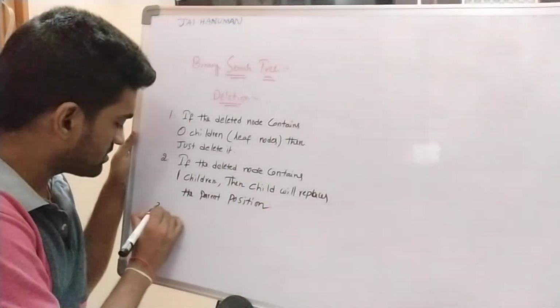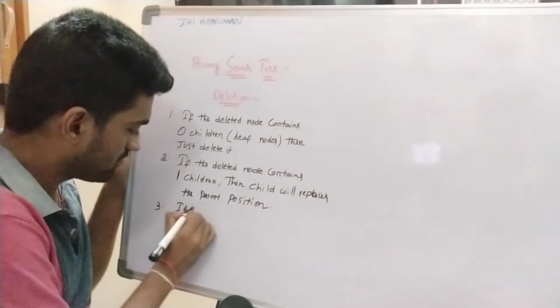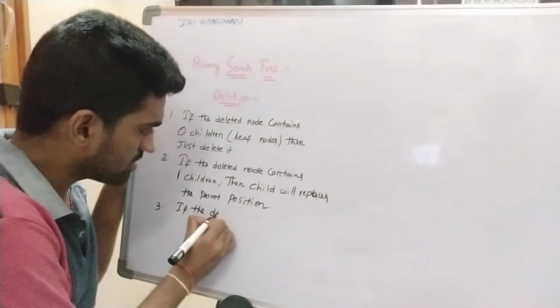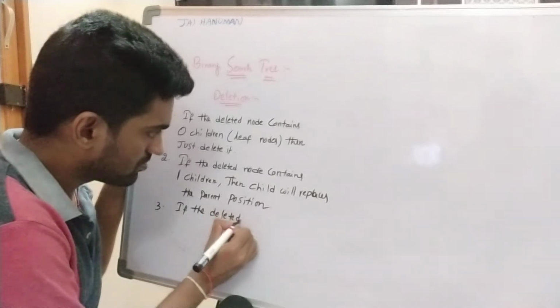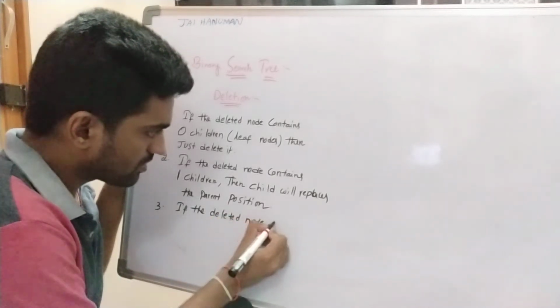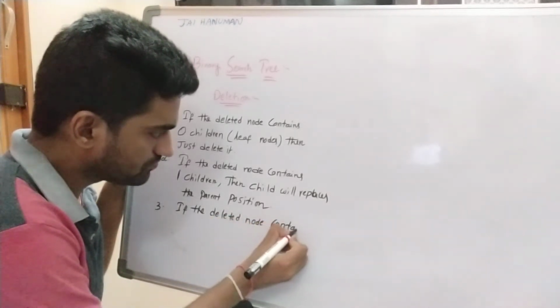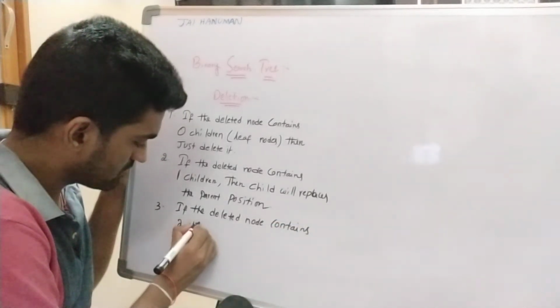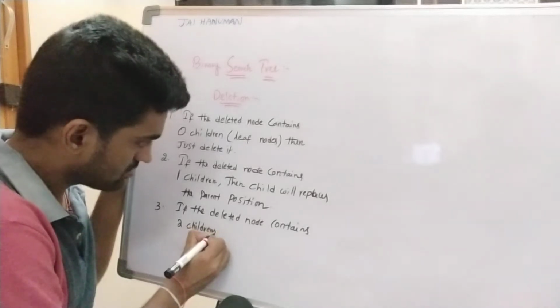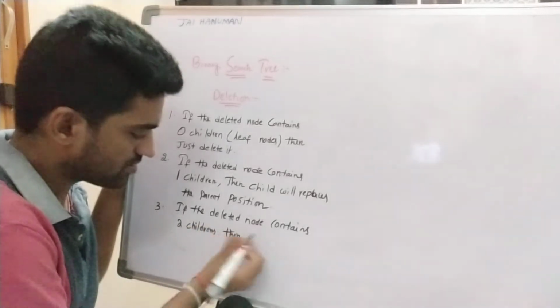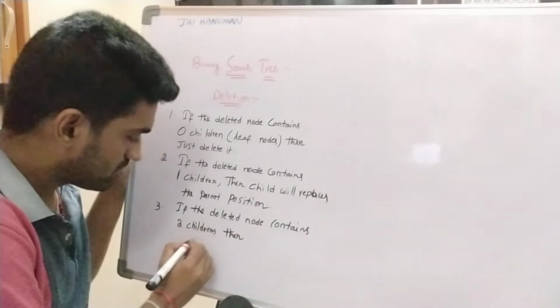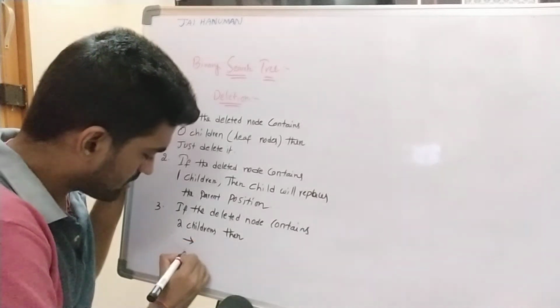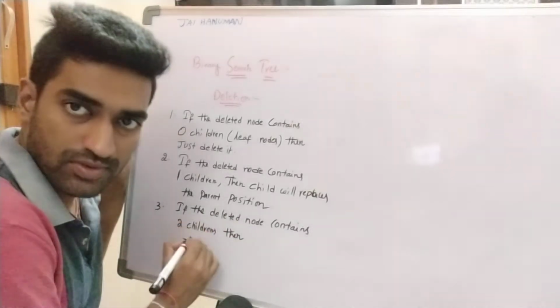So what is the third possible case? If the deleted node contains two children, then there are two possible cases for this one.